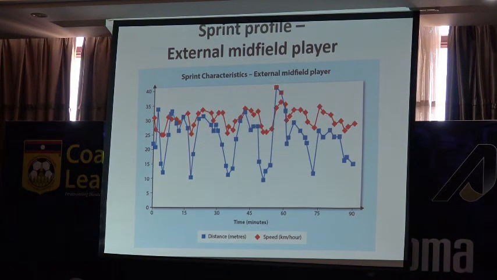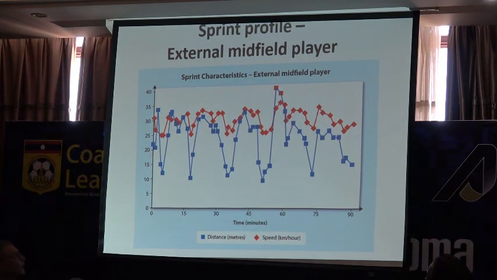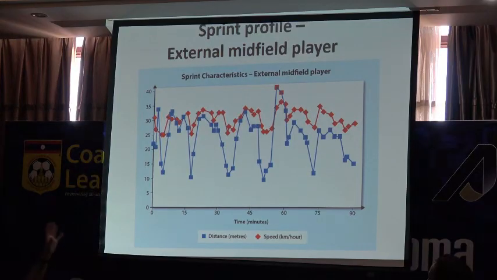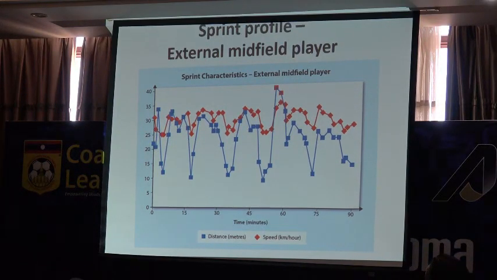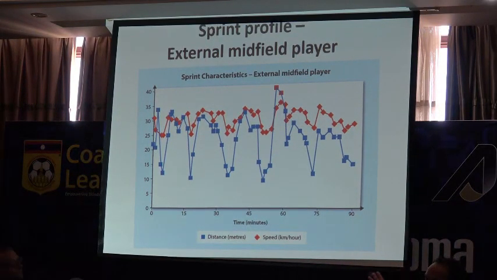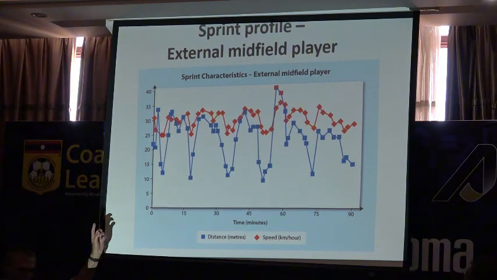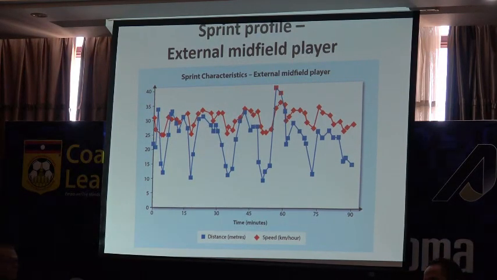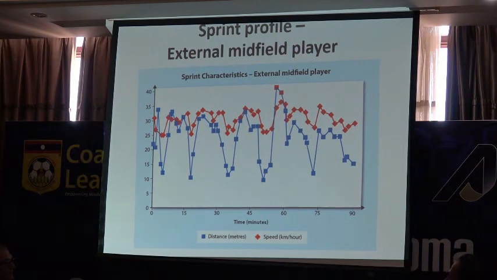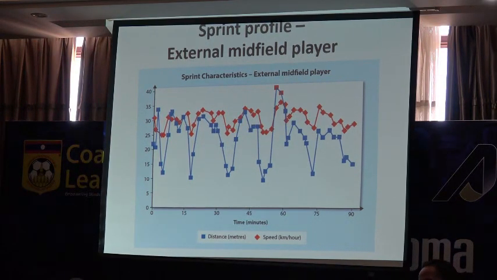Because if we analyze this specific player, the characteristics profile shows us that the player is doing a lot of sprints. So this is a player where we really need to train the ability to recover between sprints.